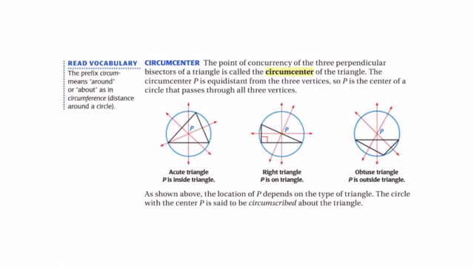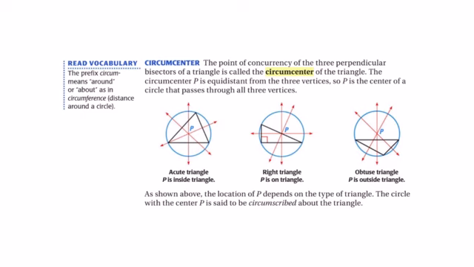Alright, so we're going to use this point of concurrency with our perpendicular bisectors to form this definition. The point of concurrency of the 3 perpendicular bisectors of a triangle actually has a name. It is a point of concurrency, however we have multiple types of points of concurrency. This one's called a circumcenter.